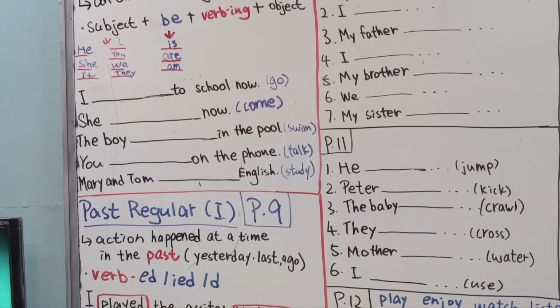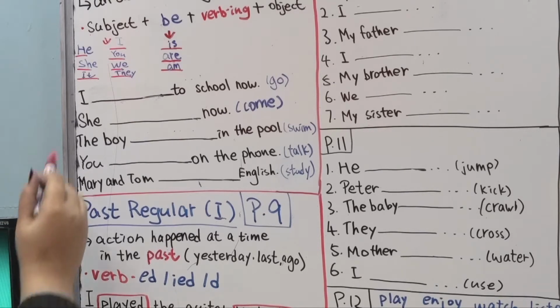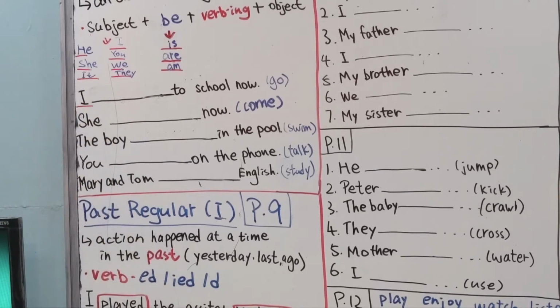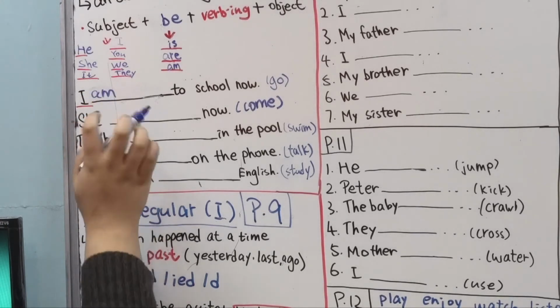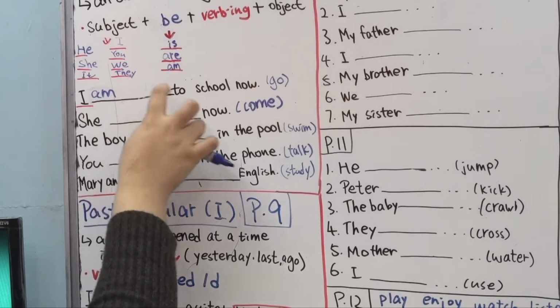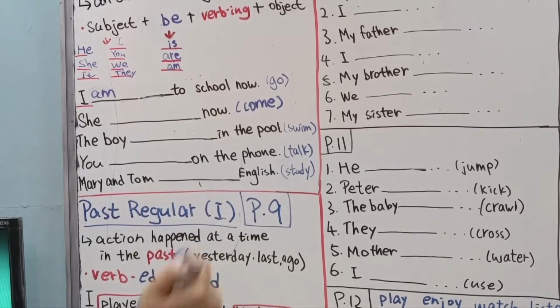Let's go with here. Which one is the subject here? Subject goes with I, right? So which verb to be do we use for subject I? We use am, right? I am what to school now. The action verb is go.